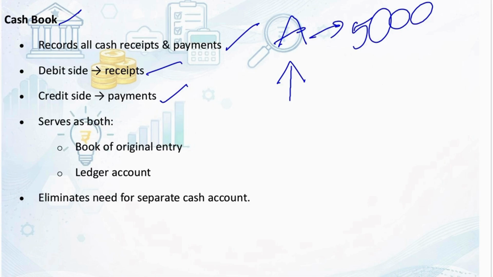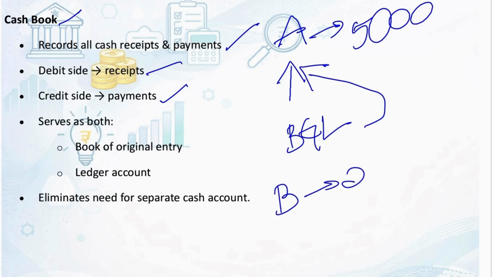But the internal mechanism is, first the system will debit our BGL of 5,000 rupees, later it will credit it to A's account. Likewise, if customer B comes to withdraw 2,000 rupees, it will debit B's account of 2,000 rupees, then credit our bank BGL. This is the internal mechanism.